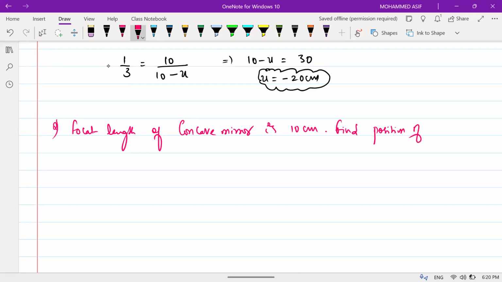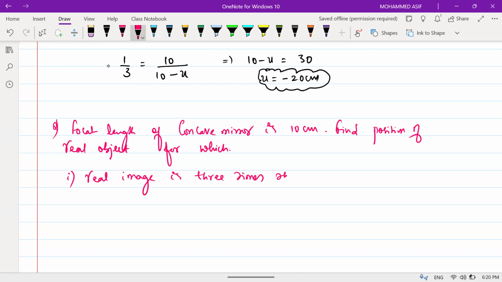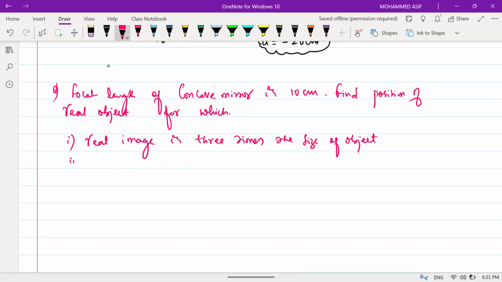Find the position of real object for which, number one, real image is 3 times the size of object. And number two, virtual image is 3 times the size of object.